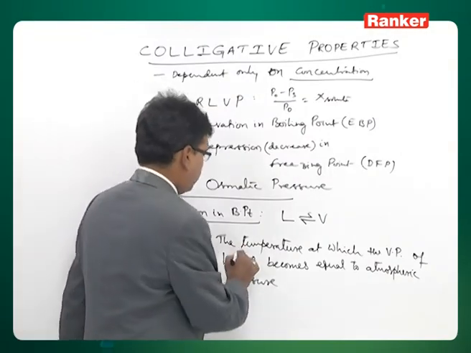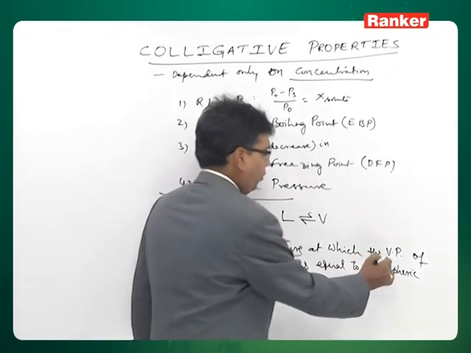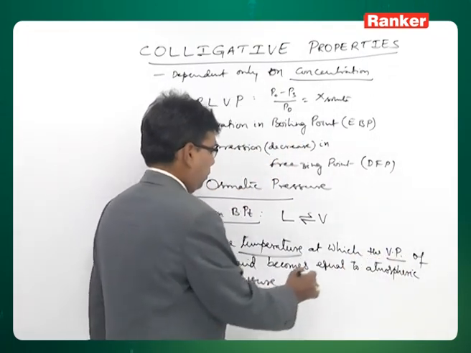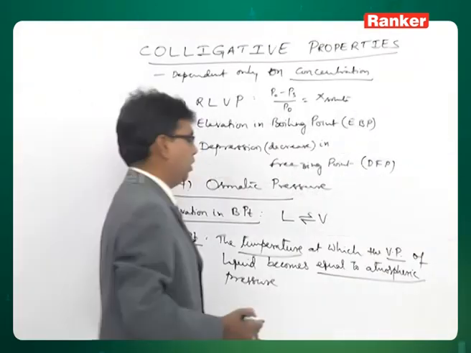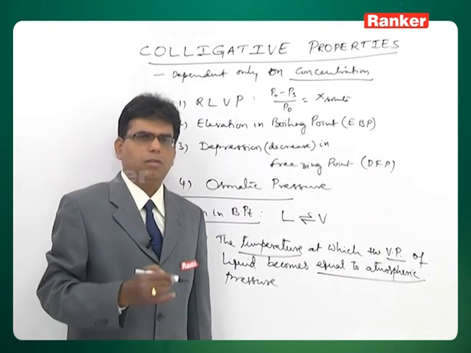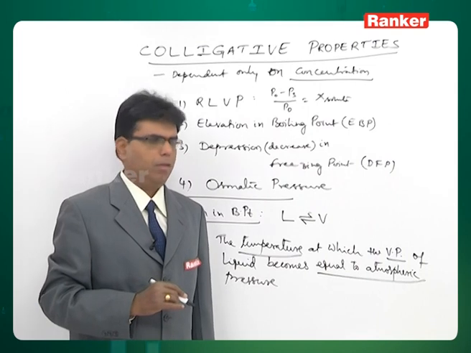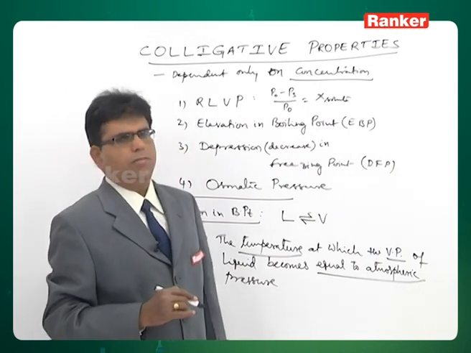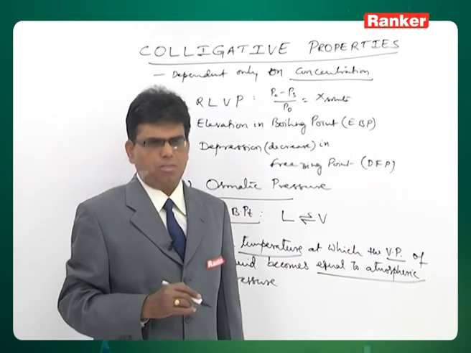The temperature at which the vapor pressure of a liquid becomes equal to atmospheric pressure. What is normally the atmospheric pressure? We take 1 atmosphere. Every liquid will have its own vapor pressure, as we have already discussed.